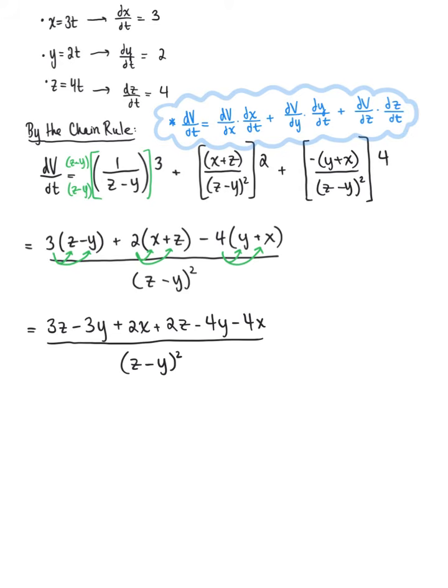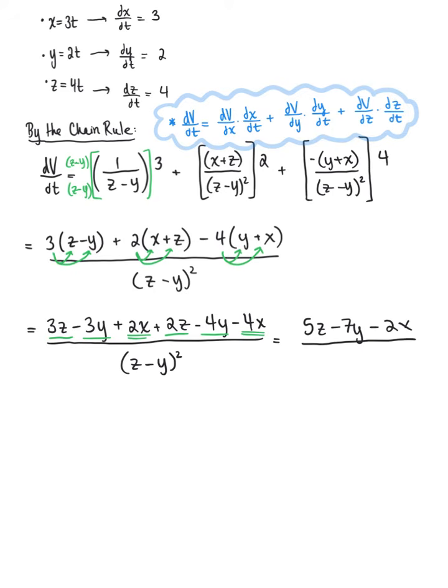And let's see, we've got lots of like terms here. We have 3z plus 2z, which leaves us with 5z in the numerator. We also have a minus 3y minus 4y, so we have minus 7y. And last but not least, we have 2x minus 4x for a minus 2x.